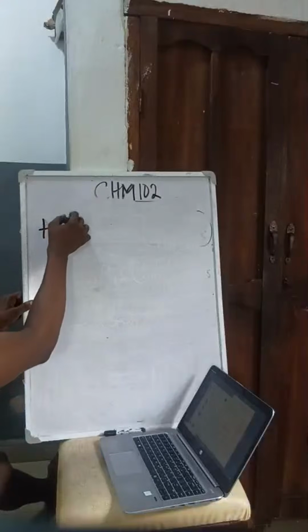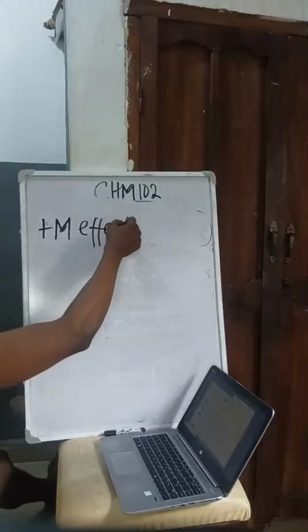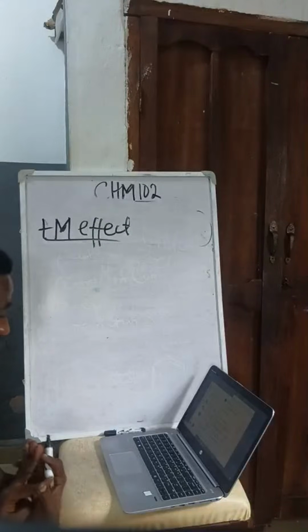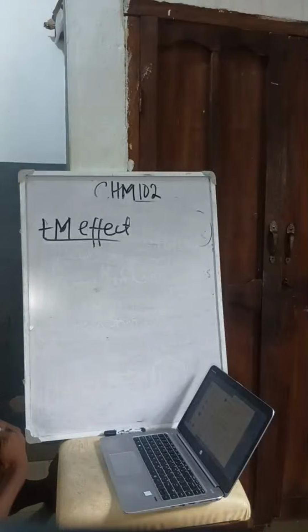So here, the plus M effect, positive mesomeric effect, because we also have positive and negative mesomeric effect. Electron donating group. Okay.